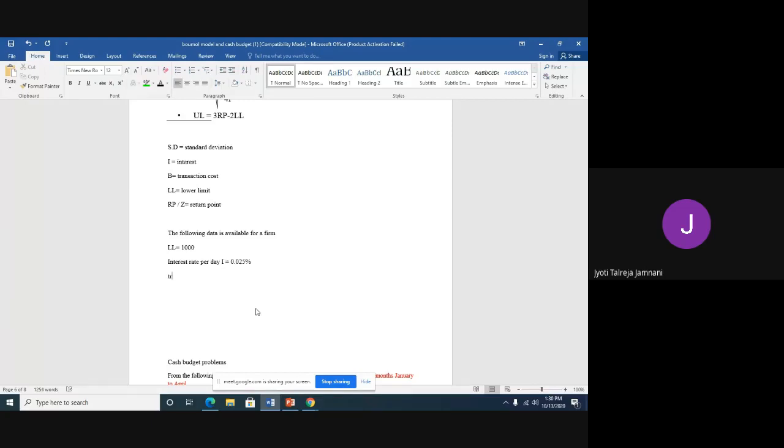Then your transaction cost, we denote it as B. The value is 20. They've given you the standard deviation, which we call SD, which is given as standard deviation of daily cash flow 500.